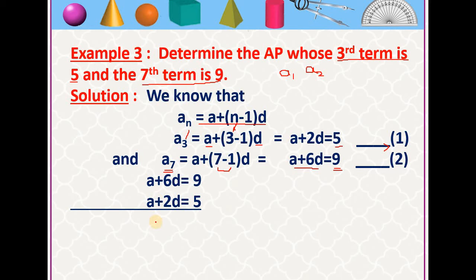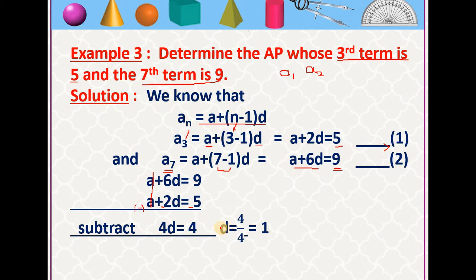While subtracting, the sign changes. So we can cancel plus a and minus a. 6 minus 2 is 4d, and 9 minus 5 is 4. Therefore 4d is equal to 4.